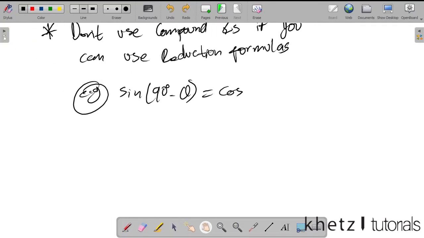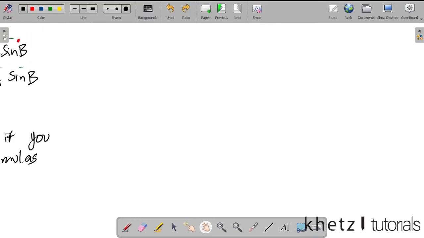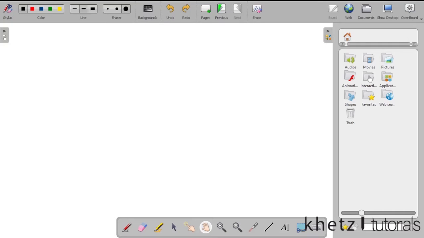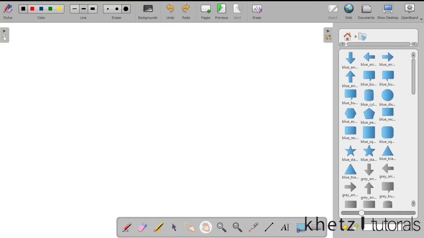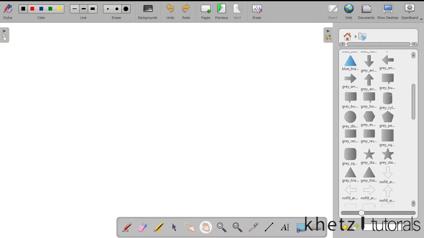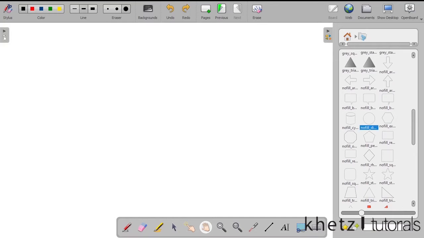Now we're going to move on to the proofs of these formulas. To start with, we are just going to draw a circle, and that circle is going to have a radius of 1. Let's drag it and put it there.